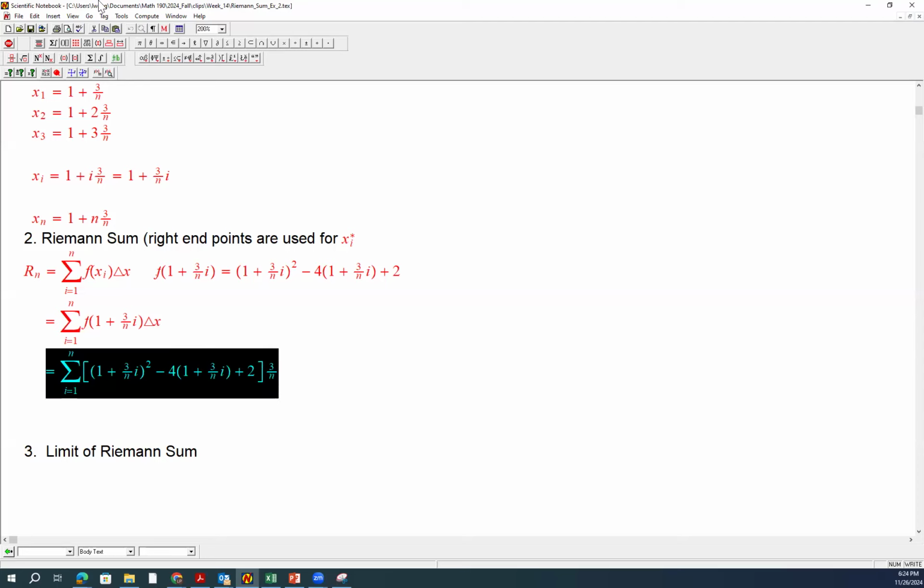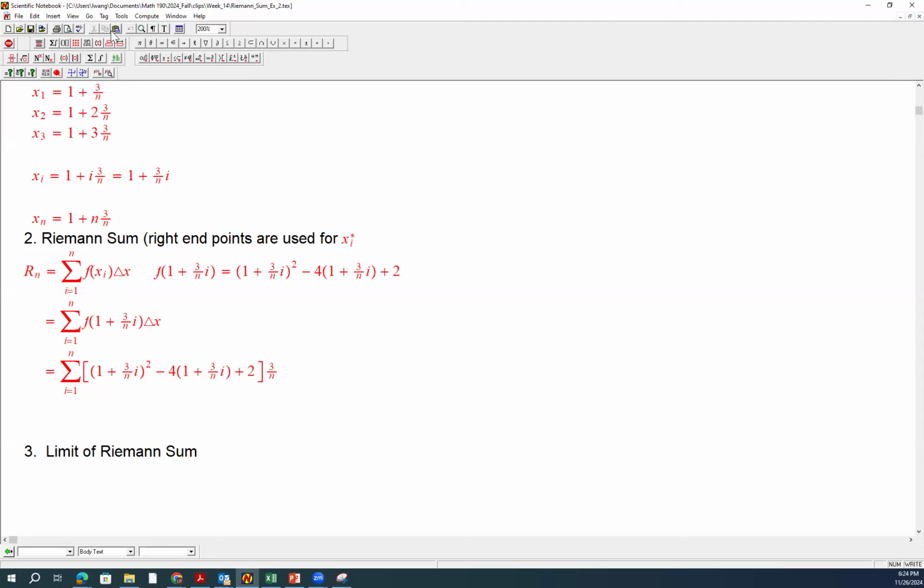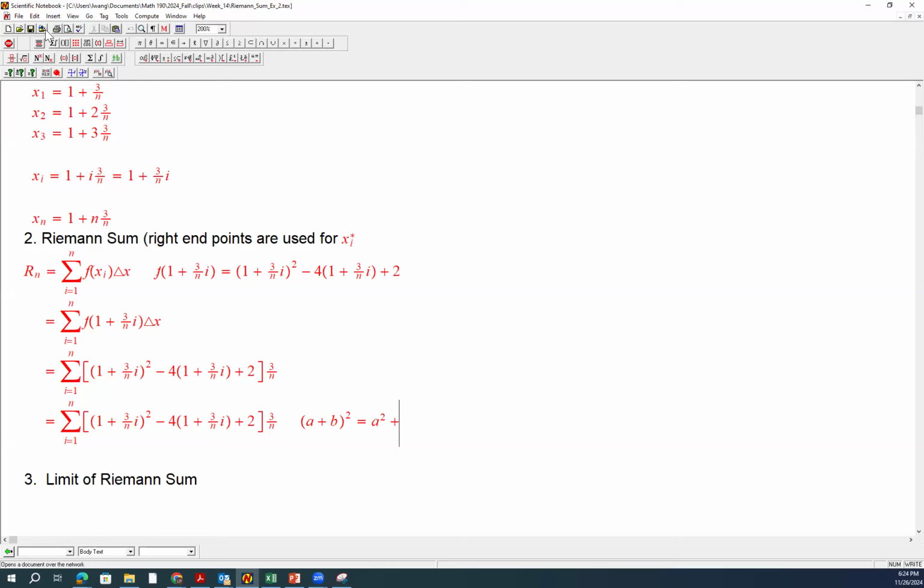And next, what are we going to do with the inside? Well, this piece will be treated as a plus b squared, so we're using this formula. A plus b squared, that's a FOIL, but we know this formula very well: a squared plus 2ab plus b squared.